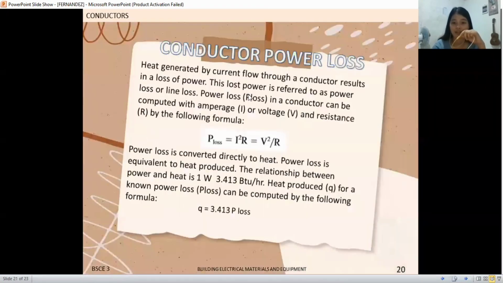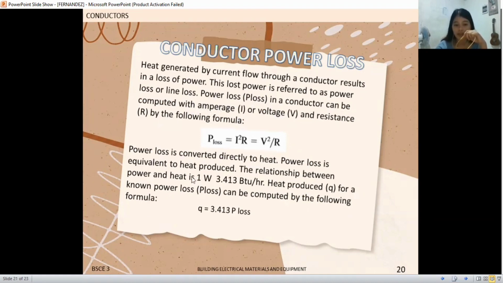Next one is the conductor power loss. Heat generated by the current flow through a conductor results in the loss of power. This loss of power is referred to as power loss or line loss. Power loss, P loss, in a conductor can be computed with the current I, voltage V, and resistance R by the following formula: P loss is equal to I squared R, which is equal to V squared over R. So power loss is converted directly to heat.